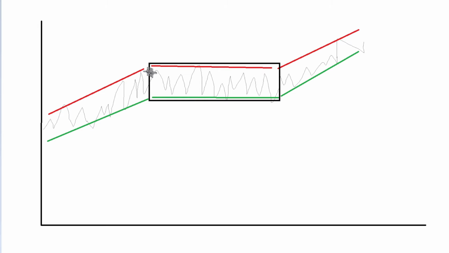Whereas a flag is angled, a rectangle can be longer, typically a lot longer in duration, and horizontal. A flag is angled as opposed to horizontal like a rectangle.